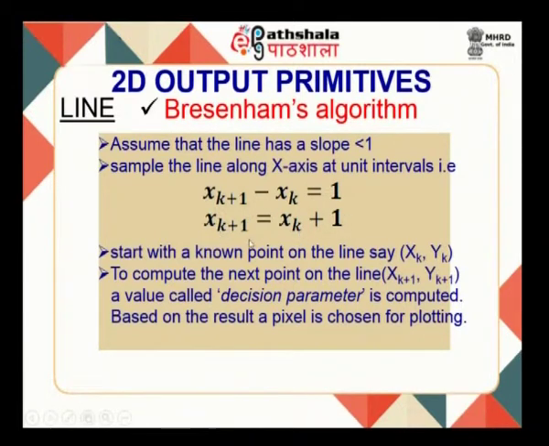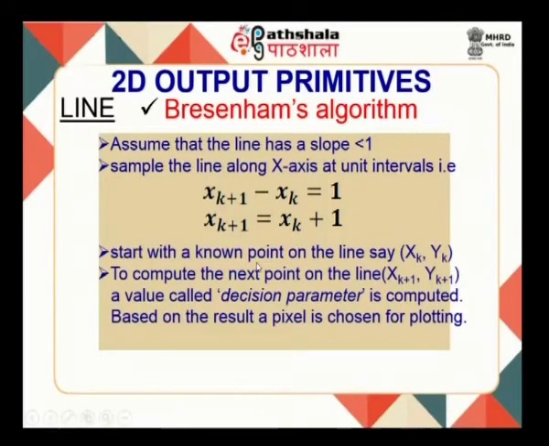To indicate the next x value, we use the notation xk+1, where k+1 is in the suffix, which indicates that xk is the previous value and we are adding 1 to it. Whenever we use the word next, we use the notation k+1 in the suffix.